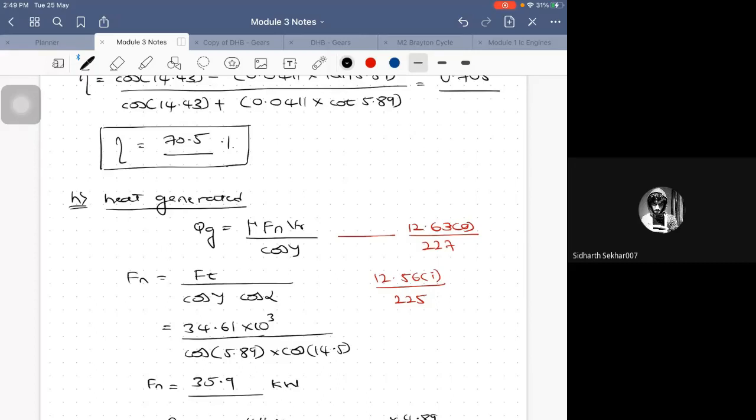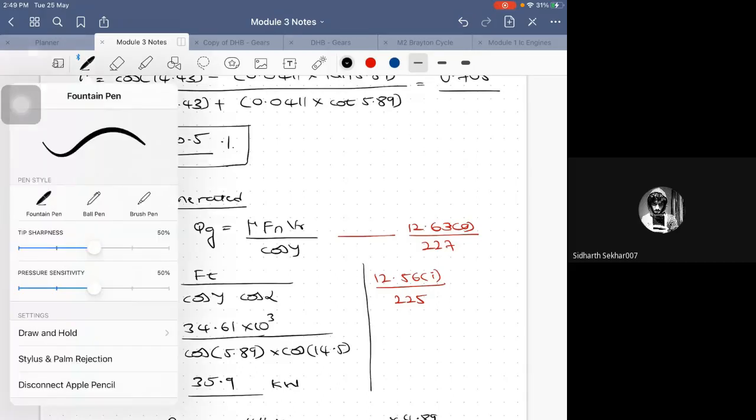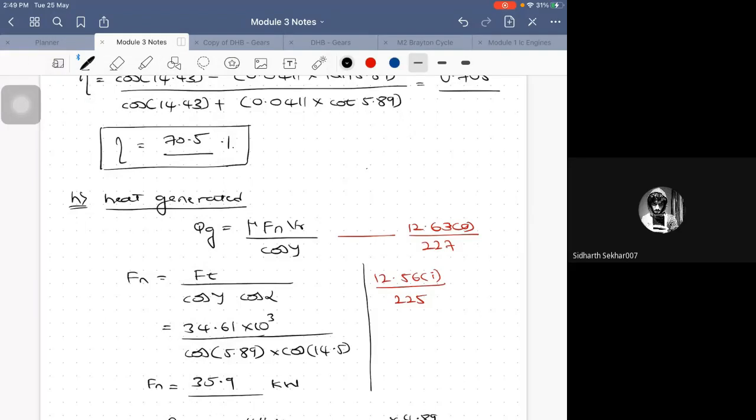Now from equation 12.56i, page number 225, what is the value of Fn? Okay, so both are almost similar, I guess, right?